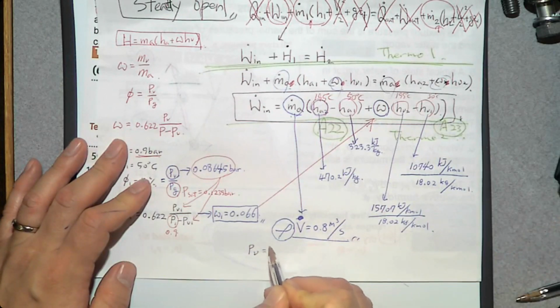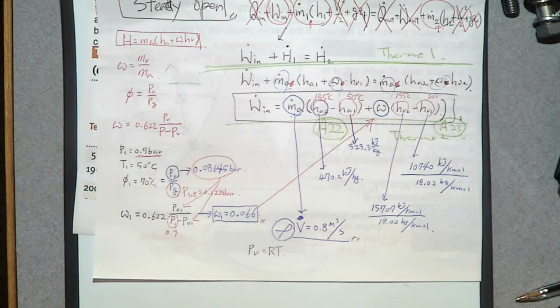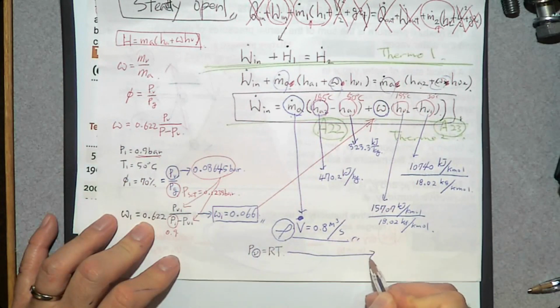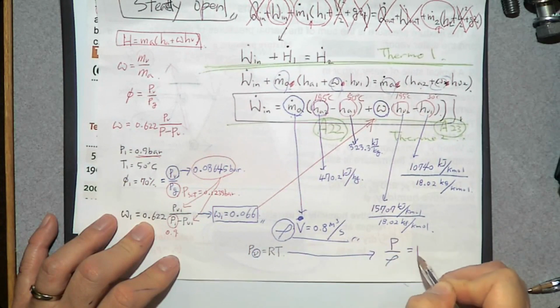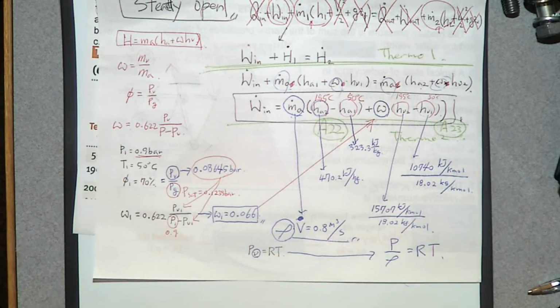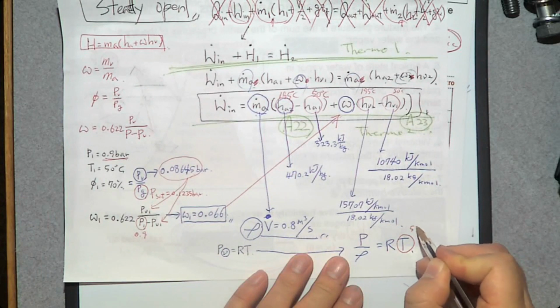PV is RT. And the inverse of this density is going to be specific volume. So the equation we are going to use is P over rho is RT. But there's one thing that you need to be careful about. The temperature T is going to be the inlet temperature, 50 degrees Celsius.